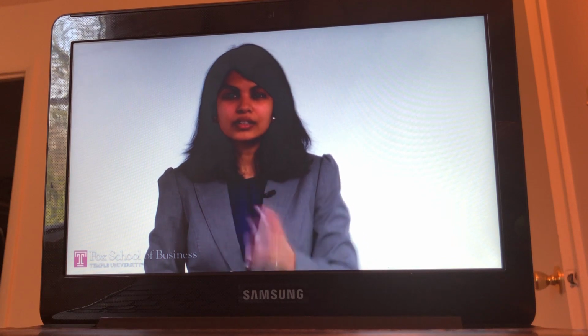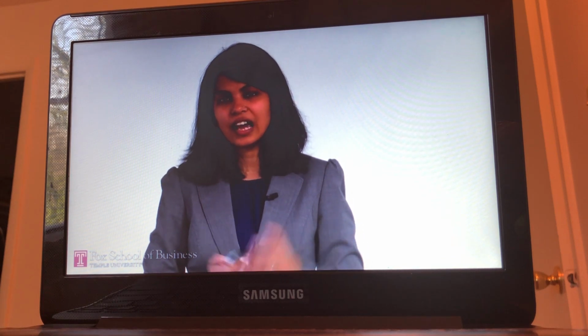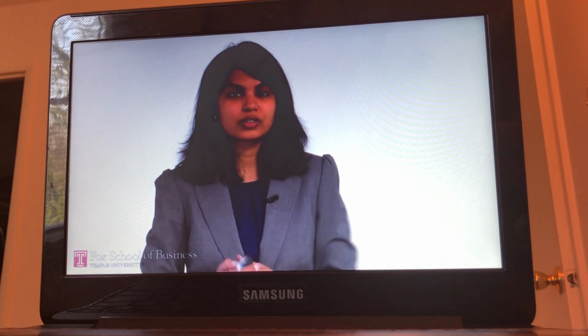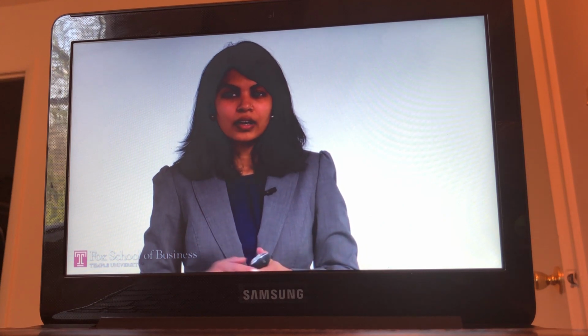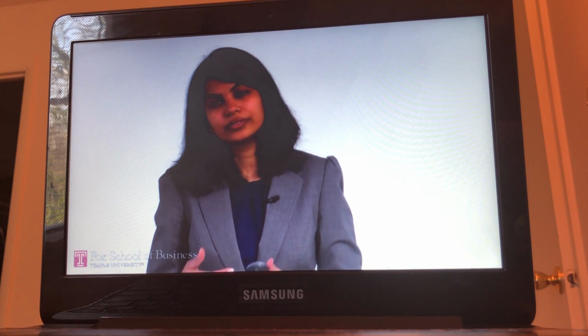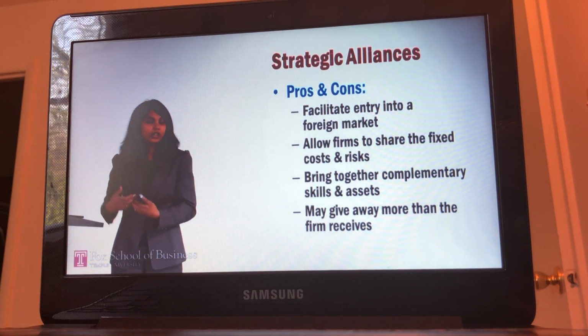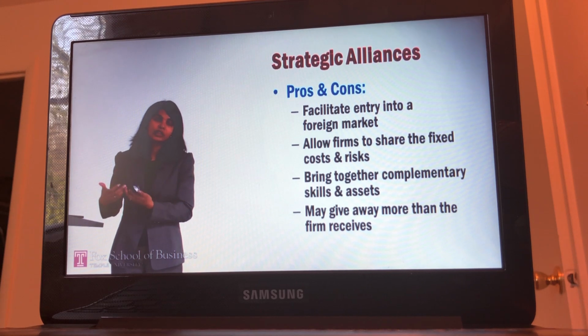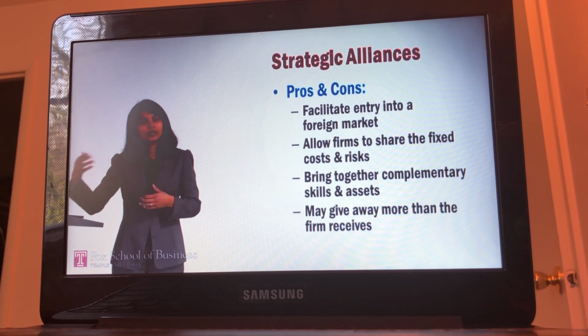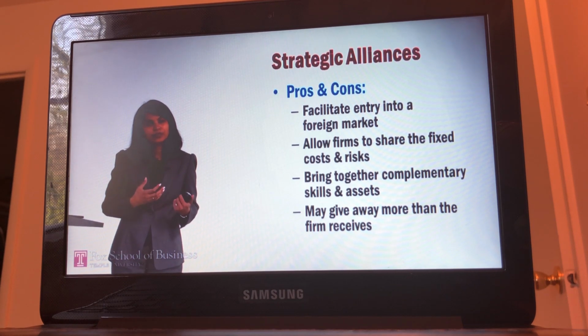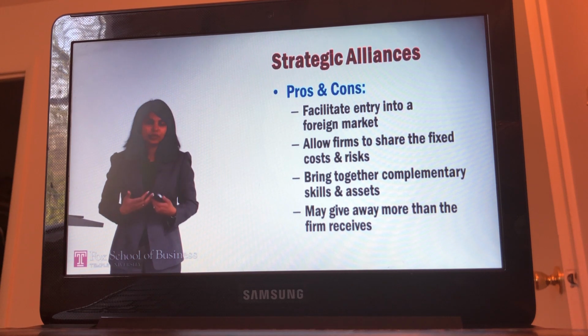But the disadvantage of strategic alliances, as we have discussed with joint ventures, is that there's always a risk of your partner misappropriating your knowledge, whatever you are sharing. And if you are sharing certain proprietary technology, then the risks are much, much higher. It is also believed that sometimes firms end up sharing more than they receive from a strategic alliance.